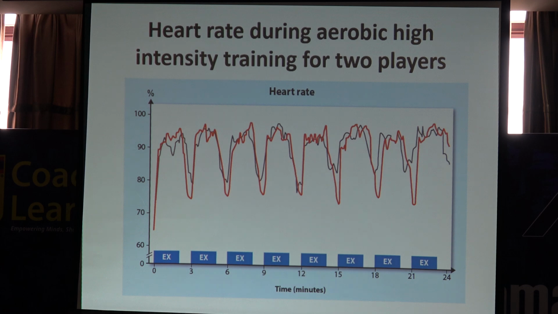And we can see that the players on average are above 90% of the maximum heart rate.